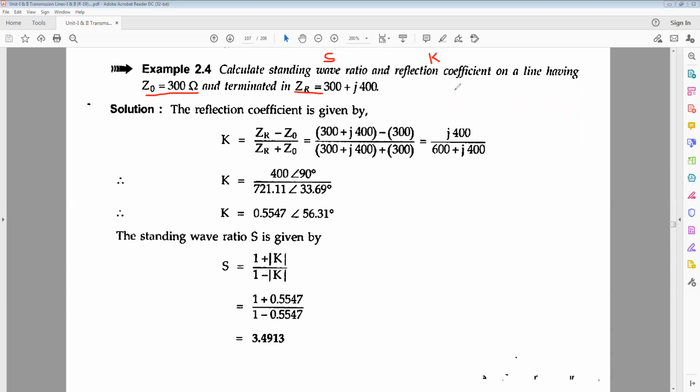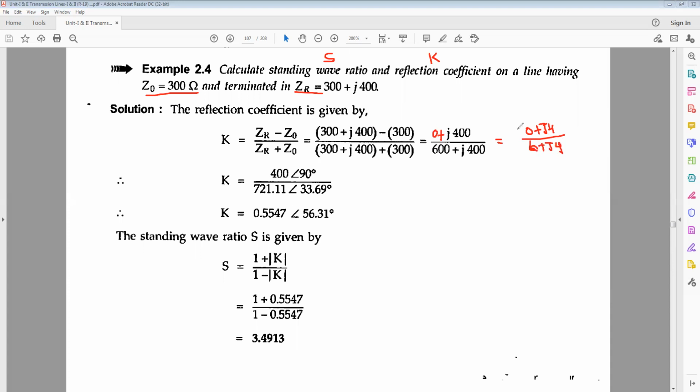Okay, my dear students. I think we can take 0 plus j400 in the numerator and 600 plus j400 in the denominator. Otherwise, we can leave this function as 0 plus j4 whole divided by 6 plus j4.